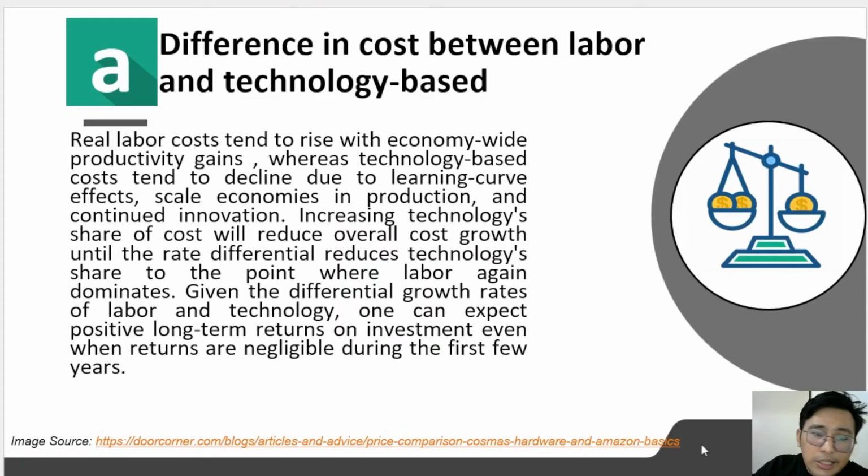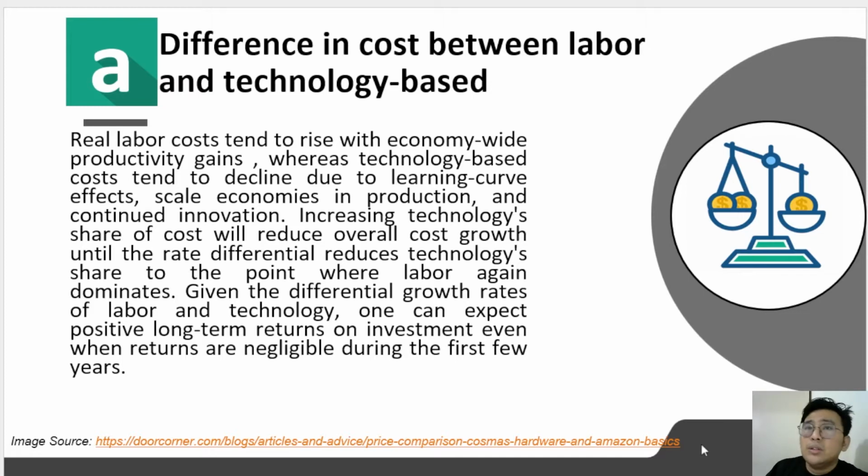The first one is the difference in cost between labor and technology base. We need to know that real labor costs tend to rise with the economic situation, but technology-based costs tend to decline.